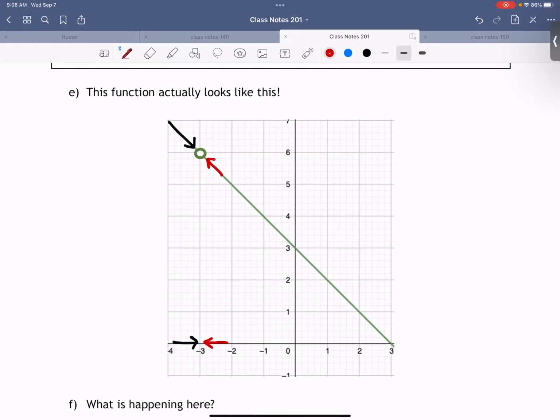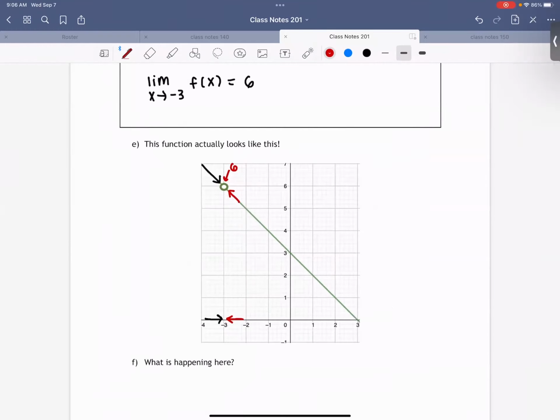Even though our function is not defined at -3, we have something that we can expect our function to be, which is 6. Okay. Any questions about the graph? Okay, I see what is happening here. The function doesn't exist at -3, but it's getting closer and closer to 6. That's where we would expect the function to be.